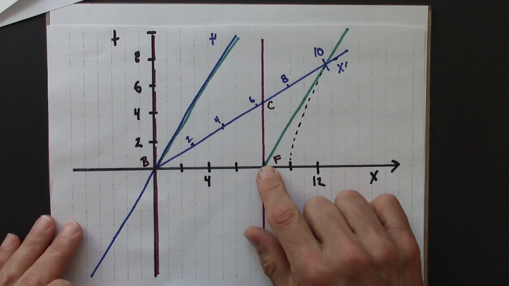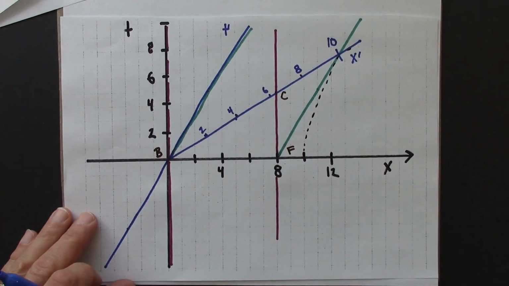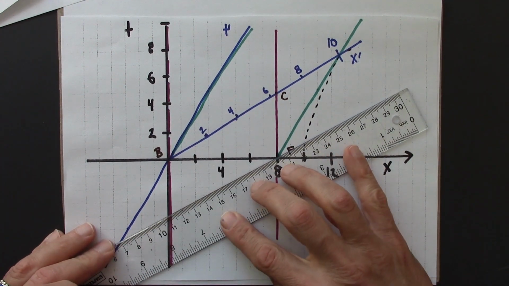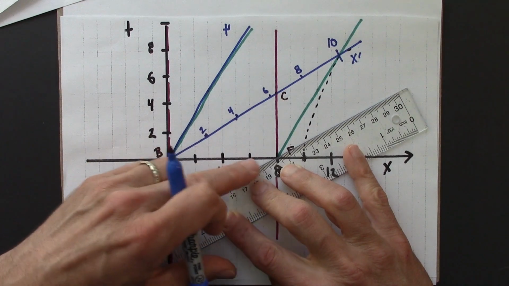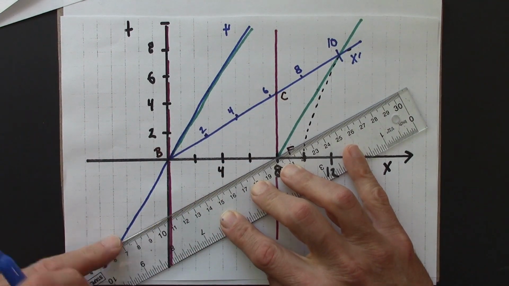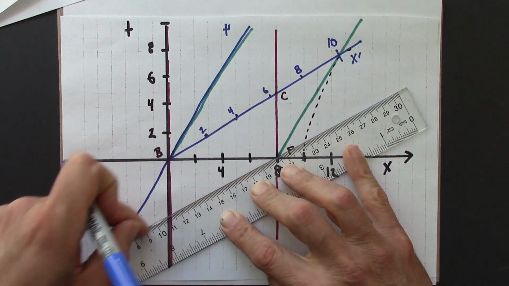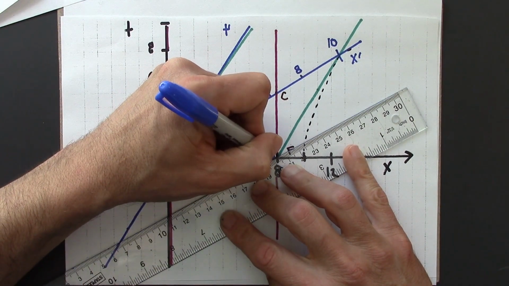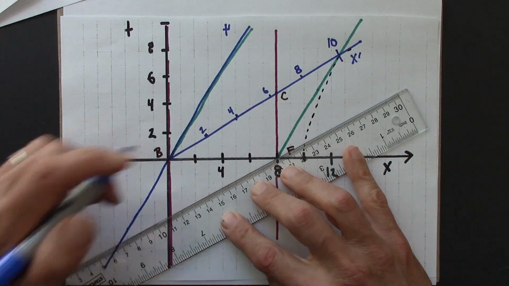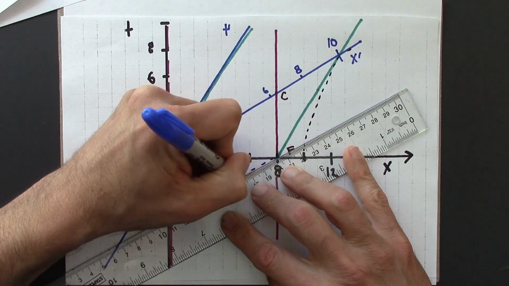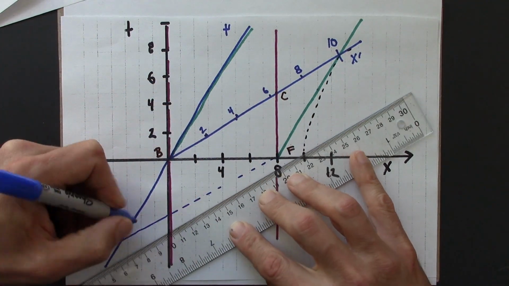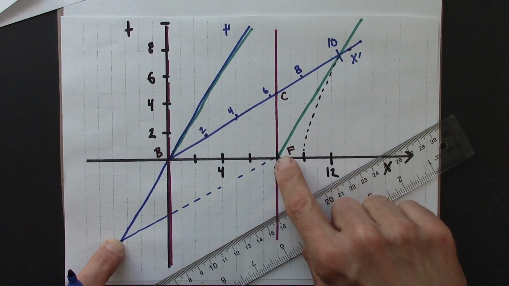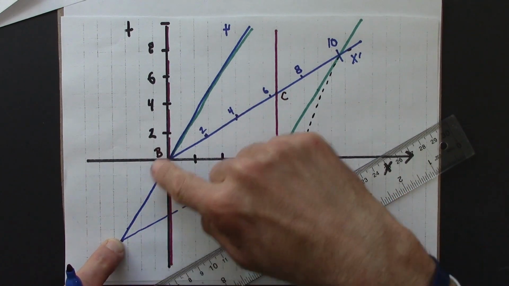F is going to occur well before B. And to see that, let's figure out the t prime coordinate for event F. Remember, we do that by going parallel to the x primed axis. And if I do that, with any luck, I'll get a negative number. So what I'll see is that F happens before B.